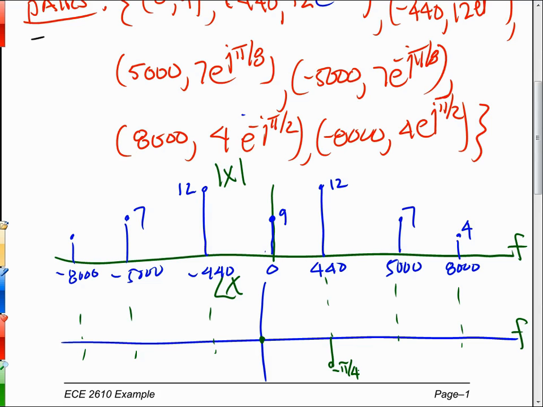It's got to be the opposite, right? So it's going to be sticking up here. And then at the 5,000, we're at pi over 8. And then at the minus 5,000, we're at the opposite, minus pi over 8. And then we are up at minus pi over 2 on the plus side for the 8,000.